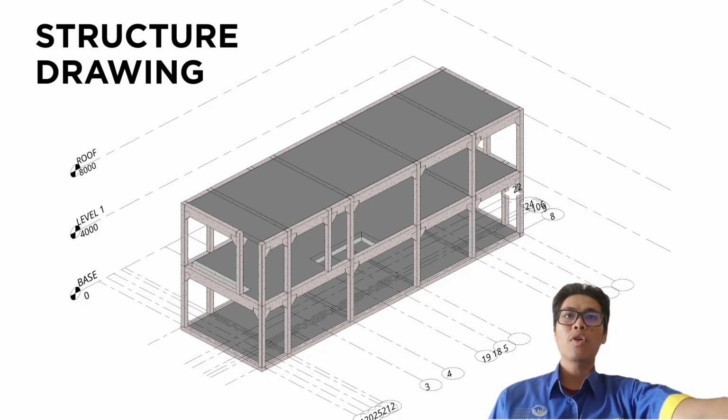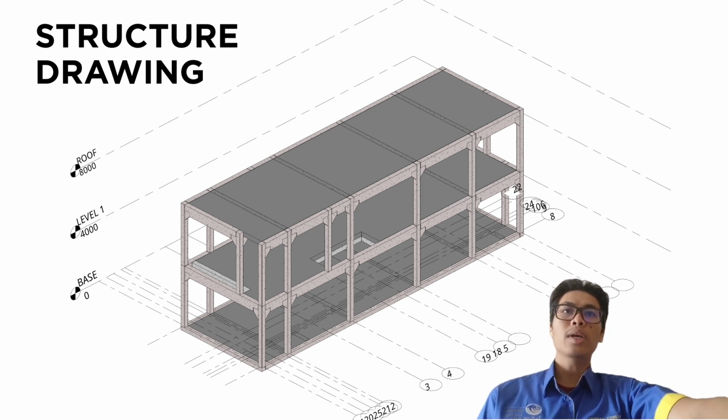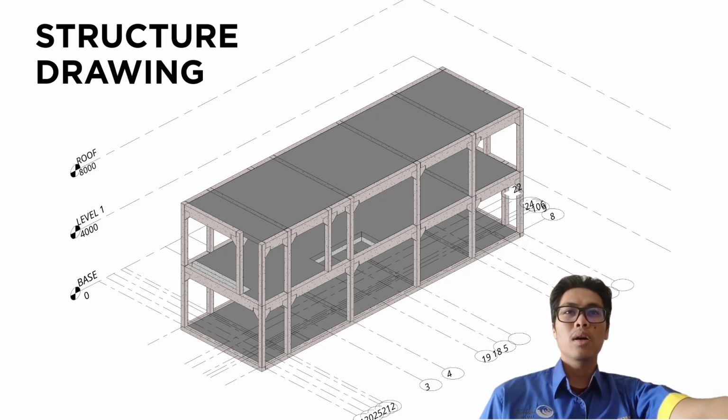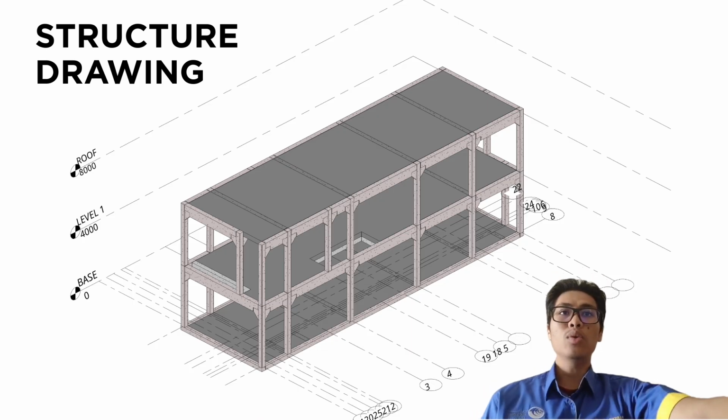From here we can get the idea of the details, where the stairs and the location of the columns and beams are, and we can propose the material that we use for this construction.